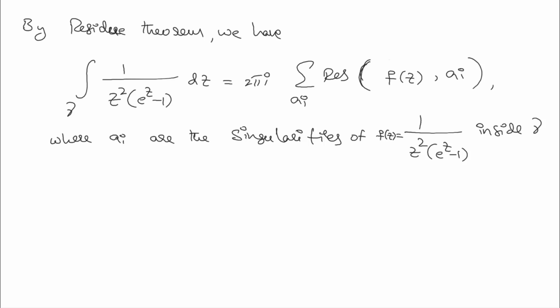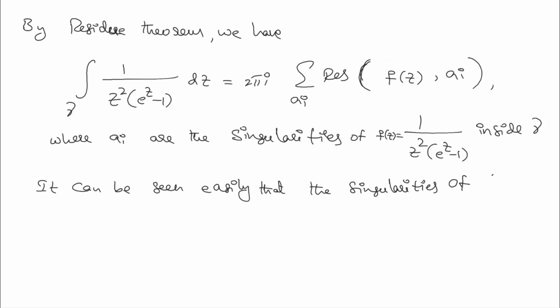So now looking at the singularities of these points, it can be seen easily that the singularities of f of z are the points at which the denominator becomes 0. So the singularities of f of z are 0 and 2nπi, where n belongs to integers.